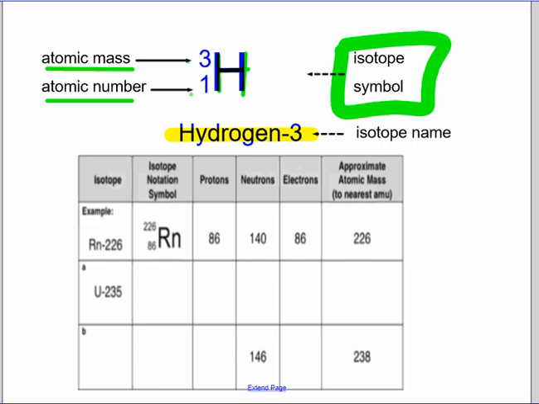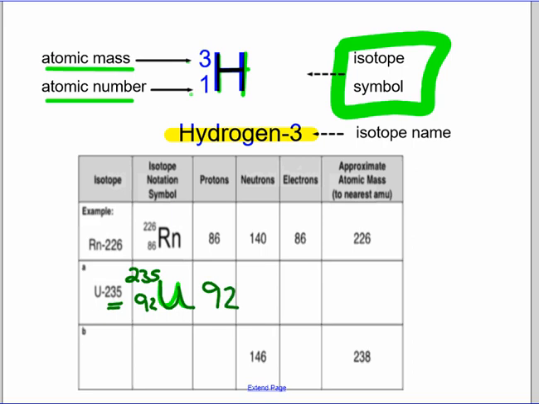So for U-235, this is U for uranium. Uranium has an isotope mass of 235, so I put that mass on the upper left corner. Uranium is at number 92 on the periodic table, so its atomic number is 92. This means that I have 92 protons.